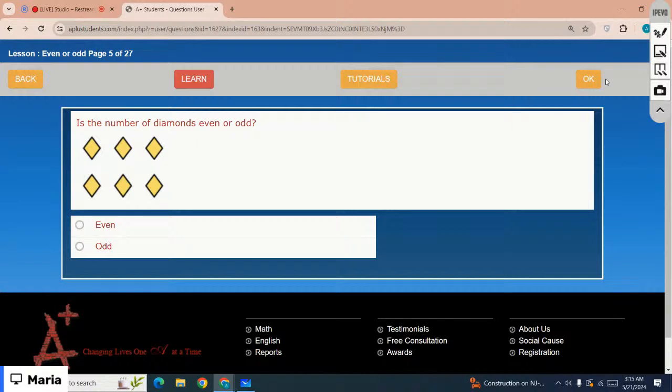Is the number of diamonds even or odd? So, is the number of hearts even or odd? It is even. The correct option is even.